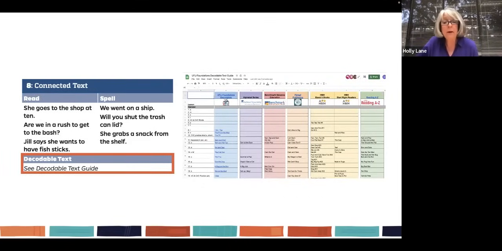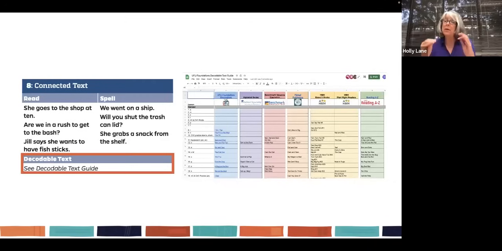So this is a place that you can go if you have one of these series, you have access to some of these books. You can go here and see where particular titles in your set are aligned with our scope and sequence. If the decodable series has their own scope and sequence, it may not align exactly.